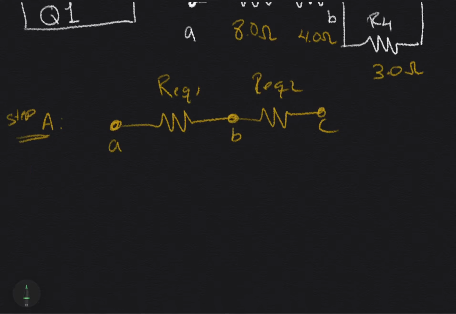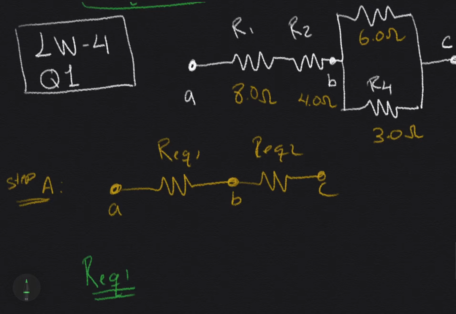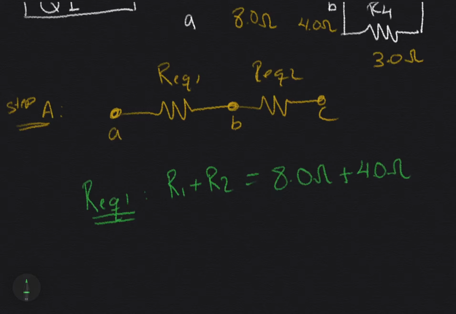R equivalent 1 is the combination of R1 and R2, which are resistors in series, so I can simply add them: R1 plus R2, which is 8.0 ohms plus 4.0 ohms, giving 12 ohms.